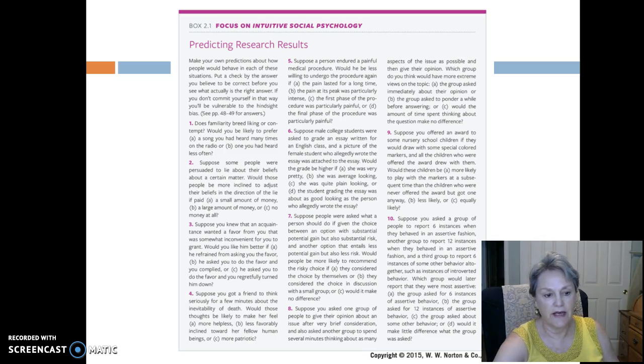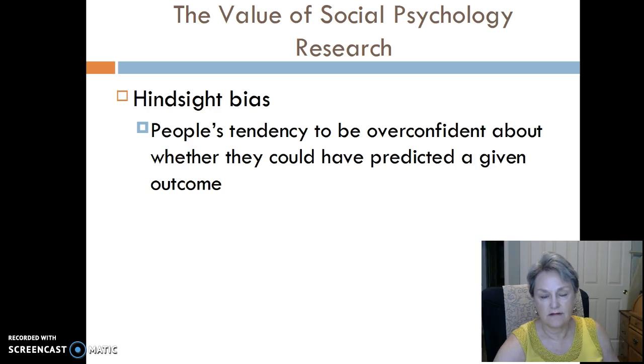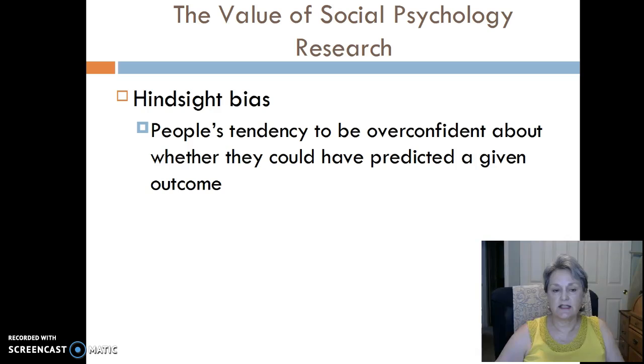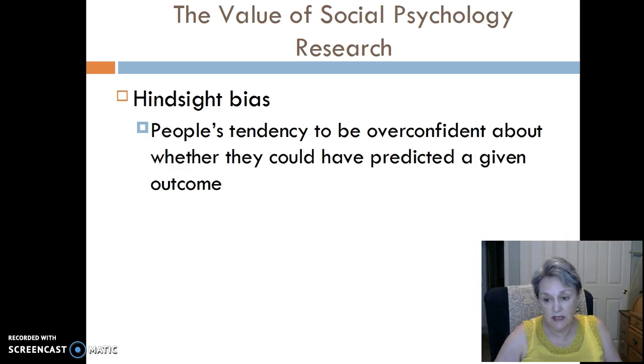So that leads us to this next concept, hindsight bias. And our authors describe it as our tendency to be overconfident about whether or not we could predict a given outcome. A lot of times it's one of the arguments against doing science, especially in social psychology, because people say, well, why did you have to go through the expense and time to conduct a study like that?